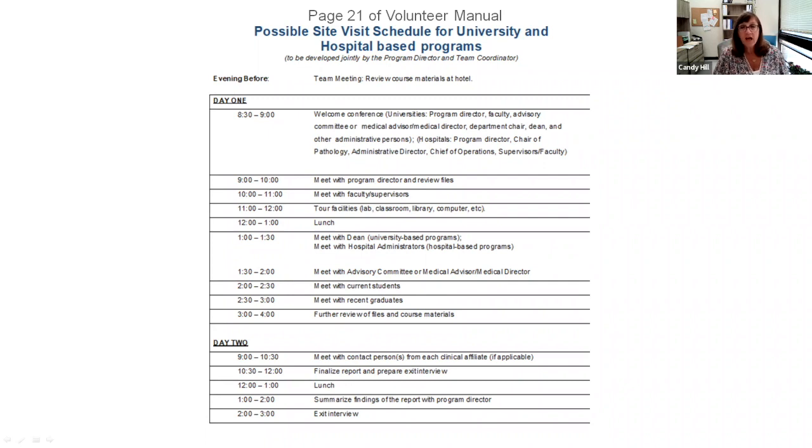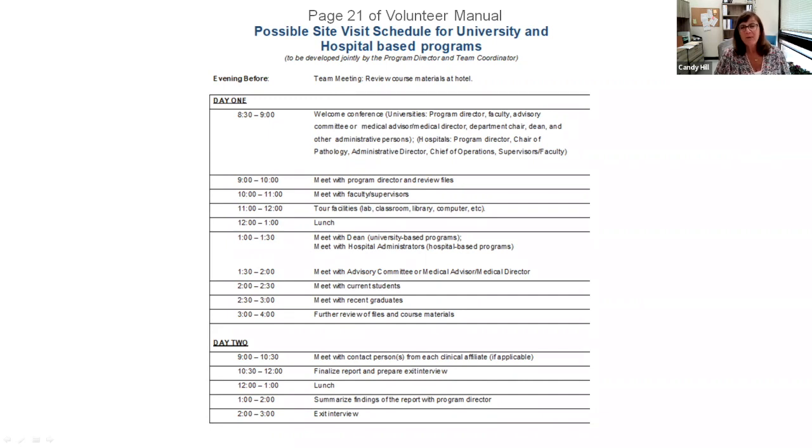One thing, and it's got on here lunch from 12 to 1. One thing that I like to do and suggest that people do when I am the team coordinator for a site visit is do a working lunch and, at this point, bring in your advisory committee, bring in your clinical instructors, bring in any of those other stakeholders that are hiring and training your students.